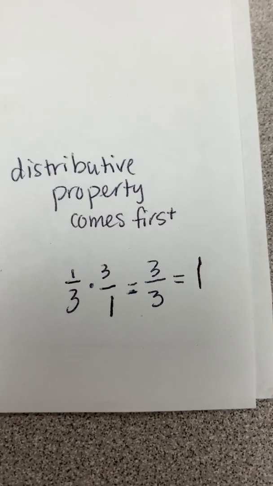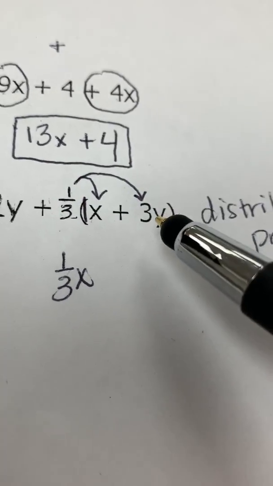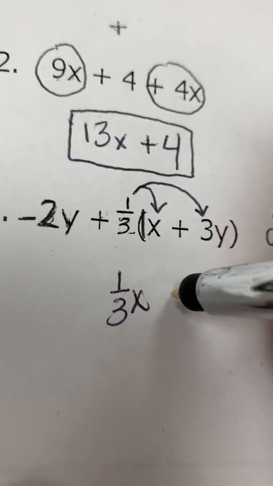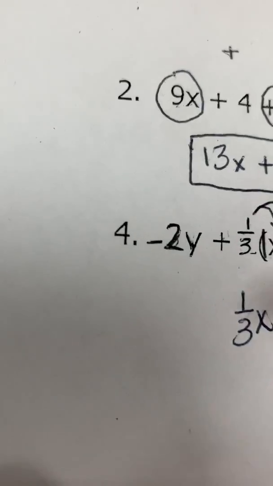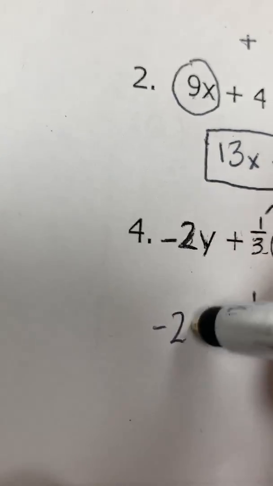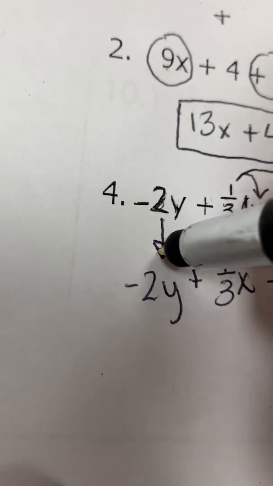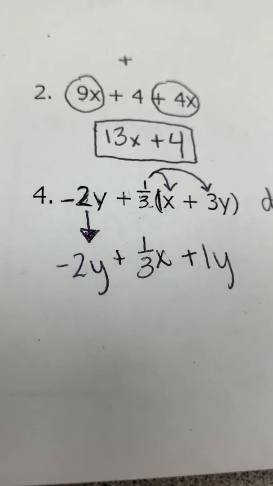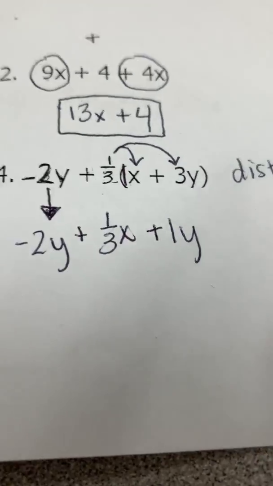Okay, so that equals 1, and it's positive because it was a positive 1/3 times a positive 3, so that's 1y. And then I still have negative 2y over here. I don't do anything to this in this step, I just bring it down because I was only multiplying with the numbers inside the parentheses on that step for the distributive property.